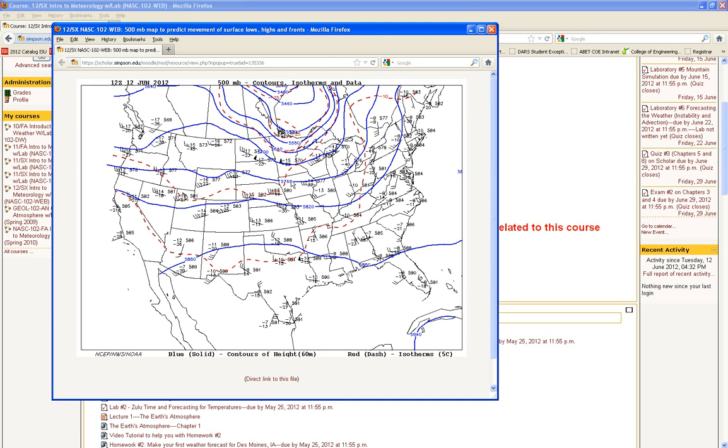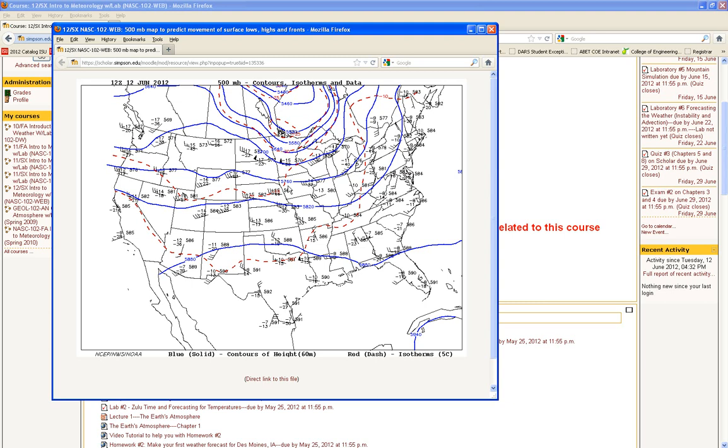In other words, the spread of temperature between 850 and 500 is 10 degrees Celsius. Again, I'm predicting a minus 7 degrees Celsius at 850 and then a minus 17 degrees Celsius moving in at 500. So the spread in temperature is only 10 degrees.